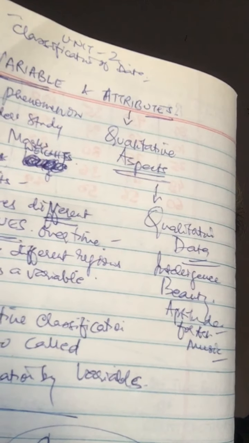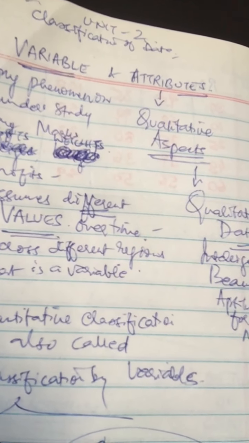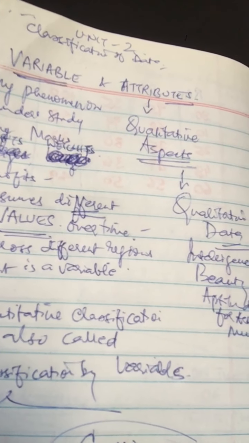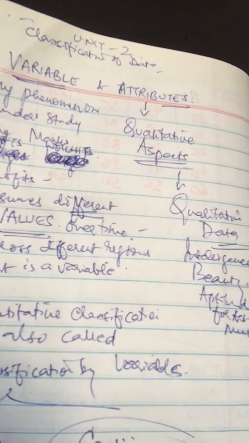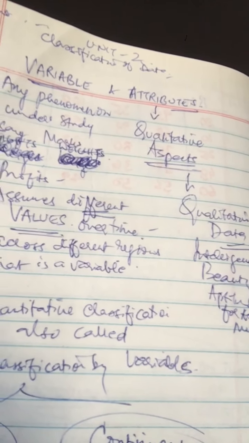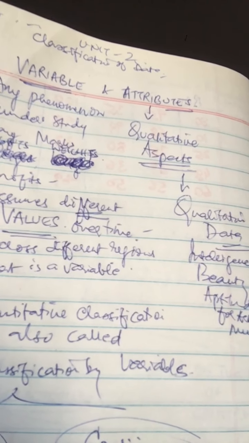A thing which is capable of being measured numerically and changes its value over time is called a variable. It can be profits, prices of commodities, incomes or marks, heights of individuals, whatever. It may be noted that different variables are measured in different units.